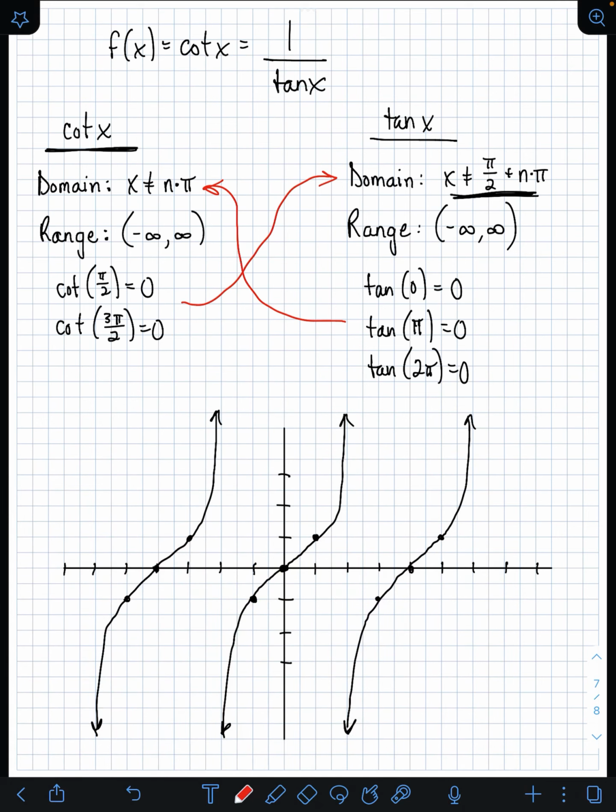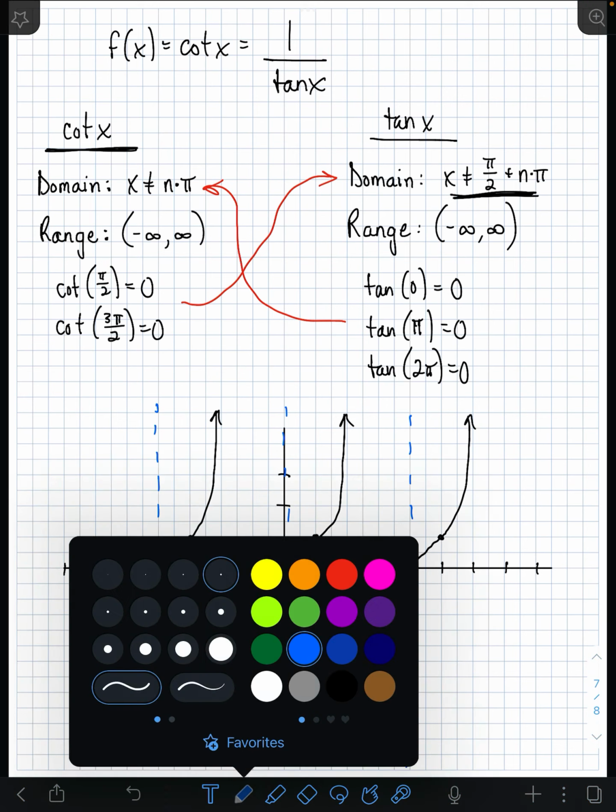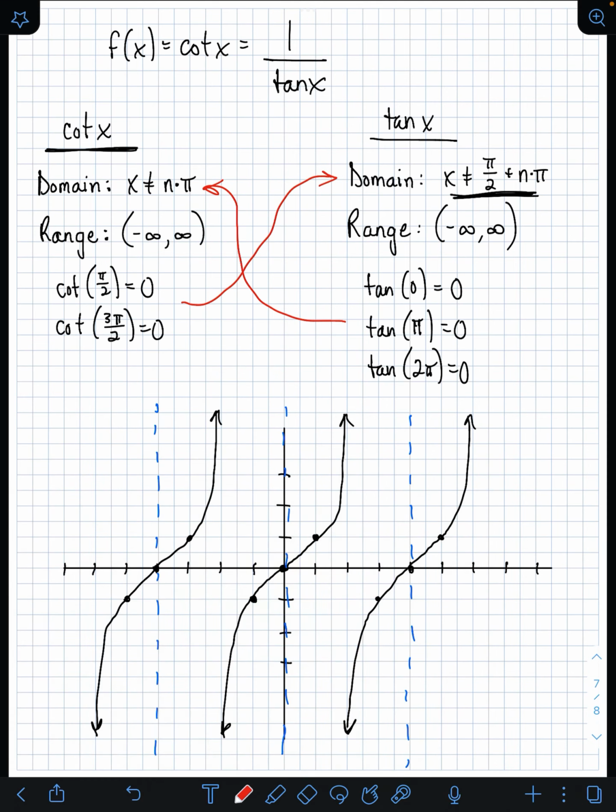Now, as we said, wherever tangent is 0, that's where cotangent is going to have its asymptotes. And wherever tangent has its asymptotes, that's where cotangent is going to be 0.